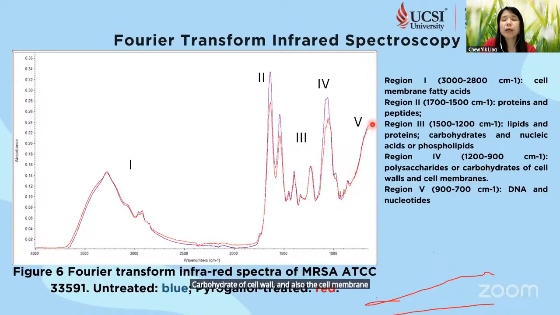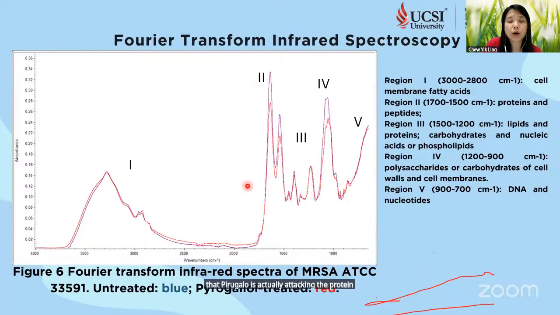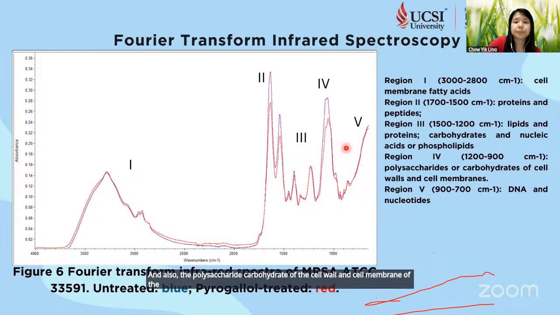Region 5, nothing happened in the FTIR. So based on the FTIR, we can conclude that pyrogallol is attacking the protein and peptides of the MRSA and also the polysaccharide, carbohydrate of the cell wall and cell membrane of the MRSA.